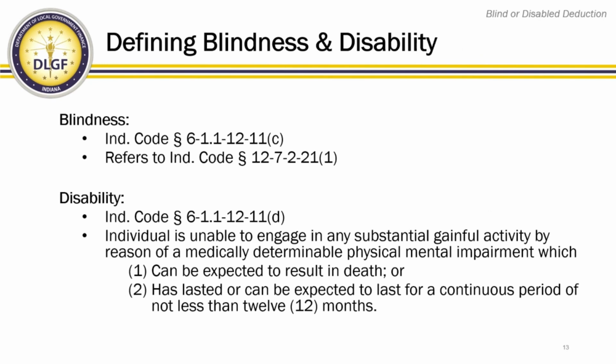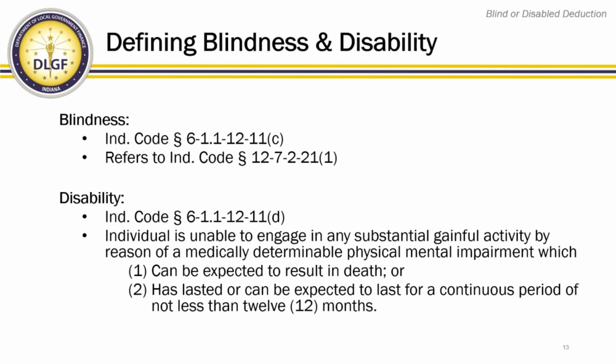So when we're talking about what is defined as blindness or disability for purposes of this deduction, for blindness, it refers to a statute, a definition for blindness under Title 12. This slide has a citation for your reference. The DLGF, we aren't involved in social services or family services, which is typically what Title 12 is for.